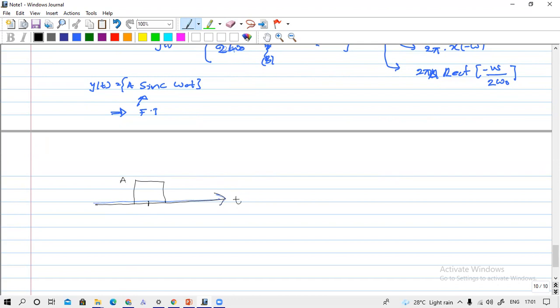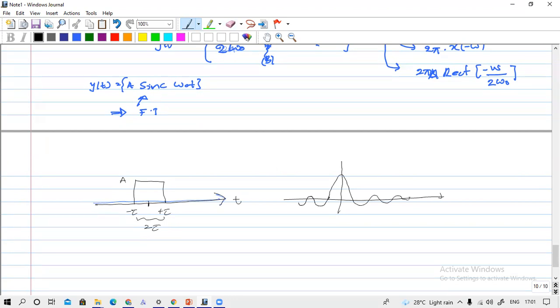We have here minus tau, and here we have plus tau. That means the width is 2 tau. And our frequency domain signal is a Sinc signal like this.